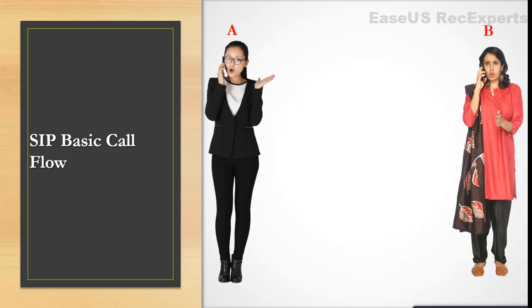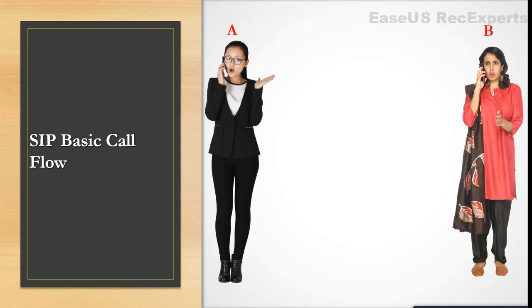So what messages get exchanged between them? How party A signals party B that I would like to start a communication. So both endpoints are on SIP protocol and they are trying to contact each other over SIP.